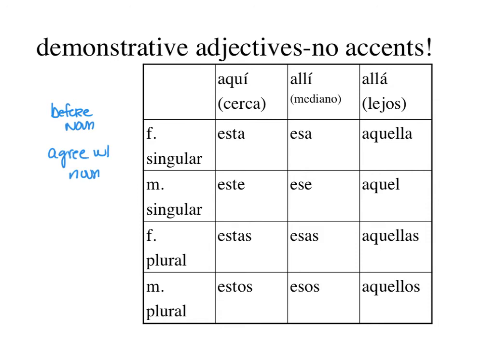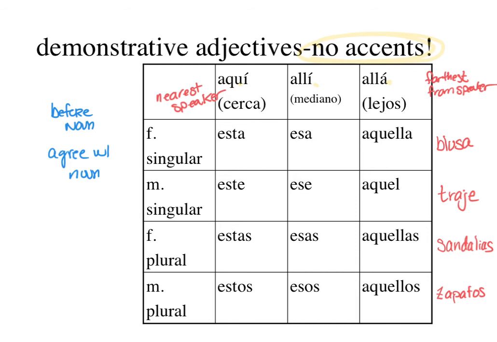Important to note, and this is going to be important for later on, none of these have accents on them. Aquí, ahí, allá, those three words do. But none of our demonstrative adjectives have accents. Teaser, our demonstrative pronouns will.